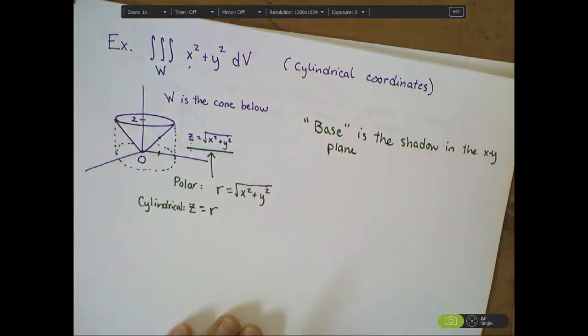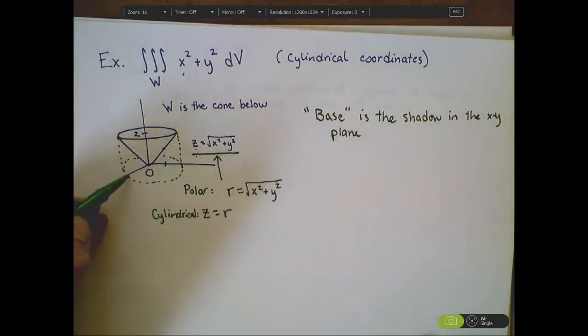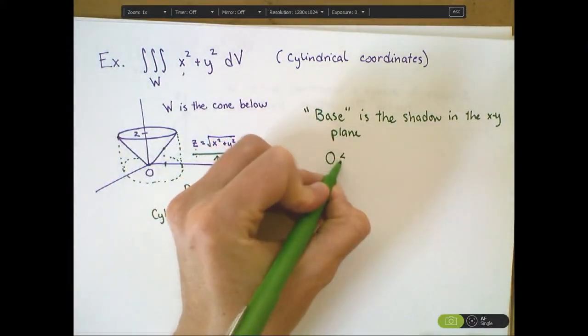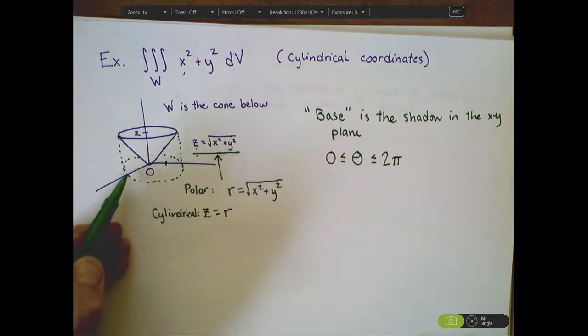And in this case, we're going to describe that base in polar coordinates. So notice in polar coordinates, we want to include the entire cone. So theta is going to go in a full circle, meaning that 0 is less than or equal to theta is less than or equal to 2 pi.